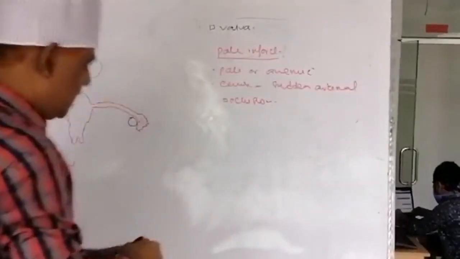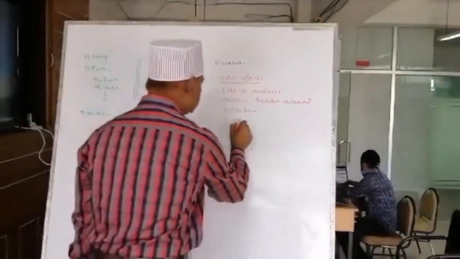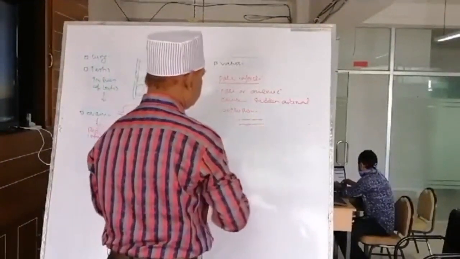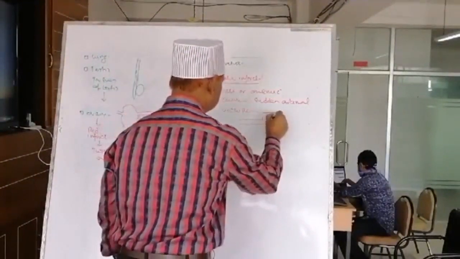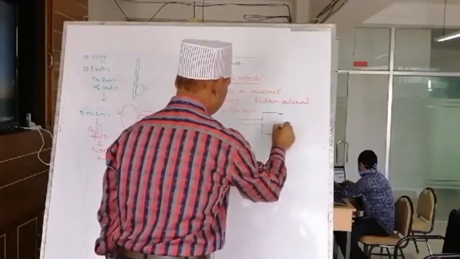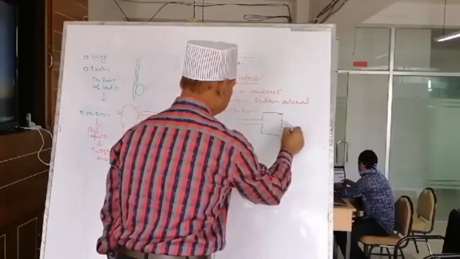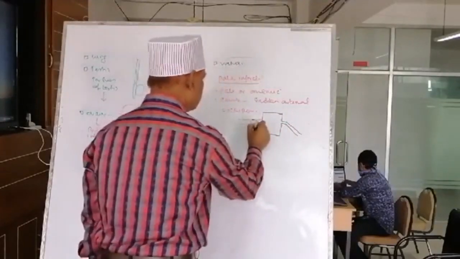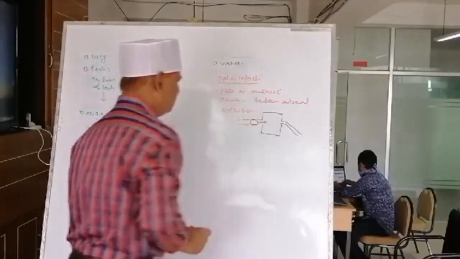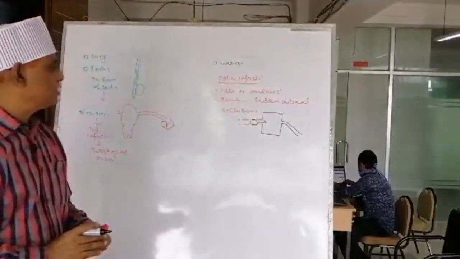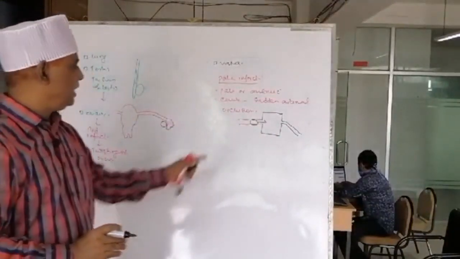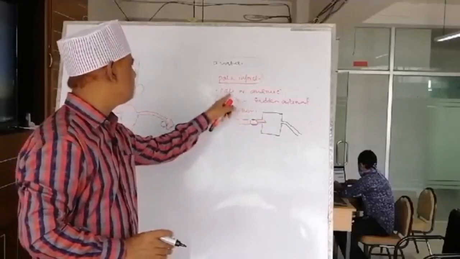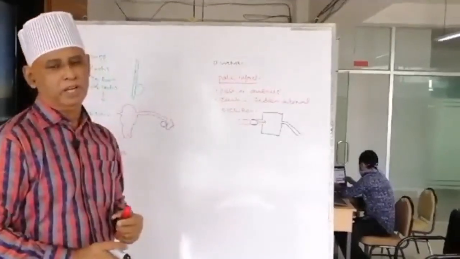Again, if this is the arteriole and if this is the tissue, and if this is the venule, if sudden arterial occlusion here, no arterial blood enters in the tissue and the tissue undergoes ischemic necrosis, and as there is no entry of blood, the necrosed part become pale, so it is called pale or anemic infarct.